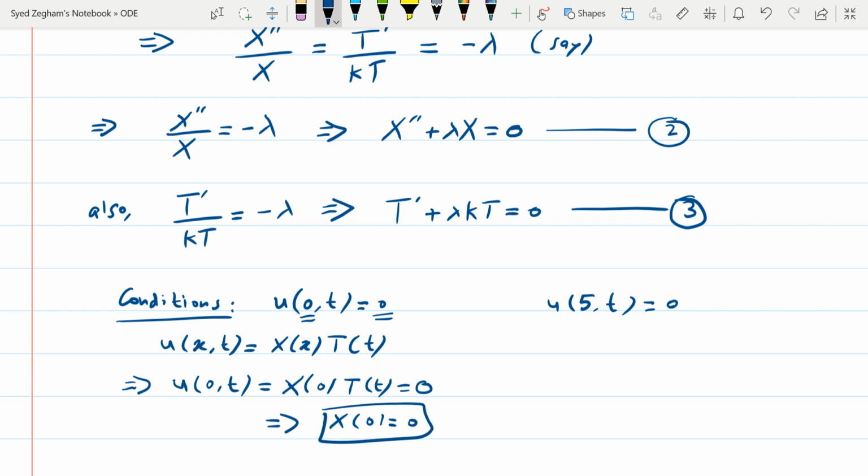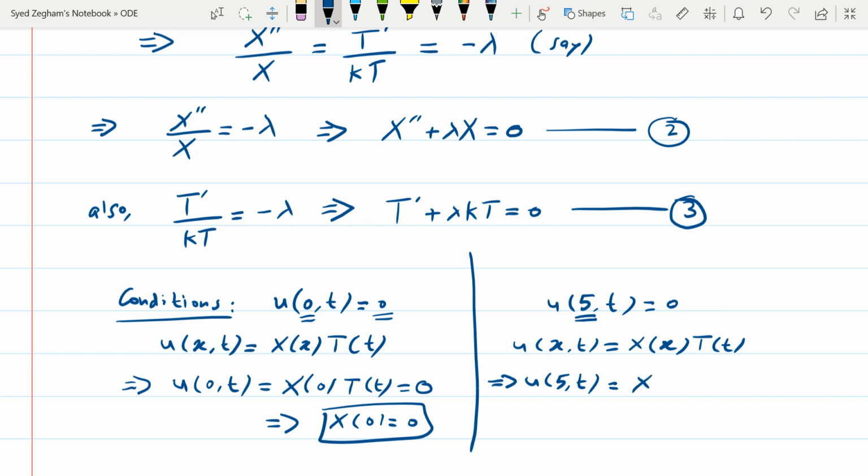Okay, now same thing, let us go to the second boundary condition. Again, my solution is in the form u(x,t) is equal to X, which is a function of x, multiplied by T, which is a function of t. Now, when I put x equal to 5, what will happen? u(5,t) will be equal to X(5) times T(t), which is a function of t, so that will not get affected.